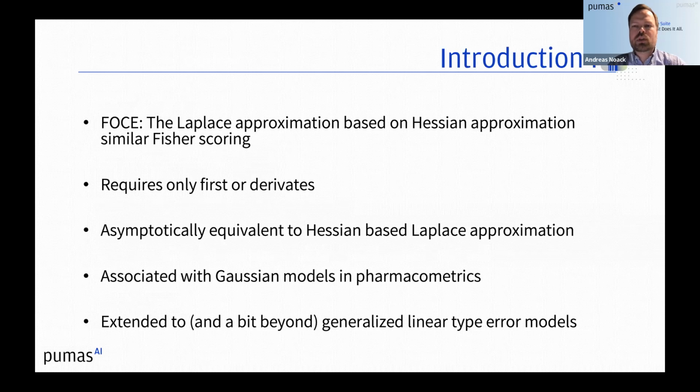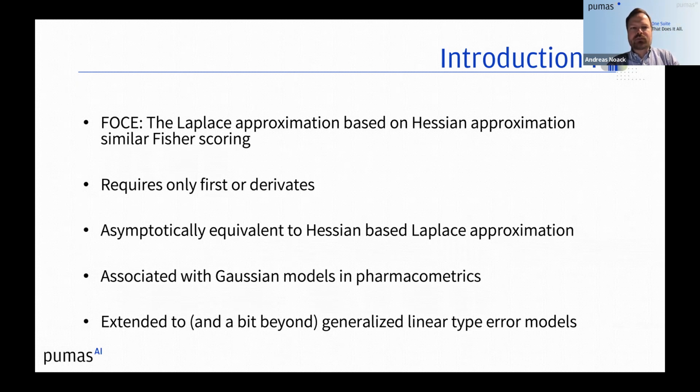So first, the Laplace approximation is based on a second order approximation of the log likelihood function. That's how it's generally defined, and specifically how I'll refer to it here.